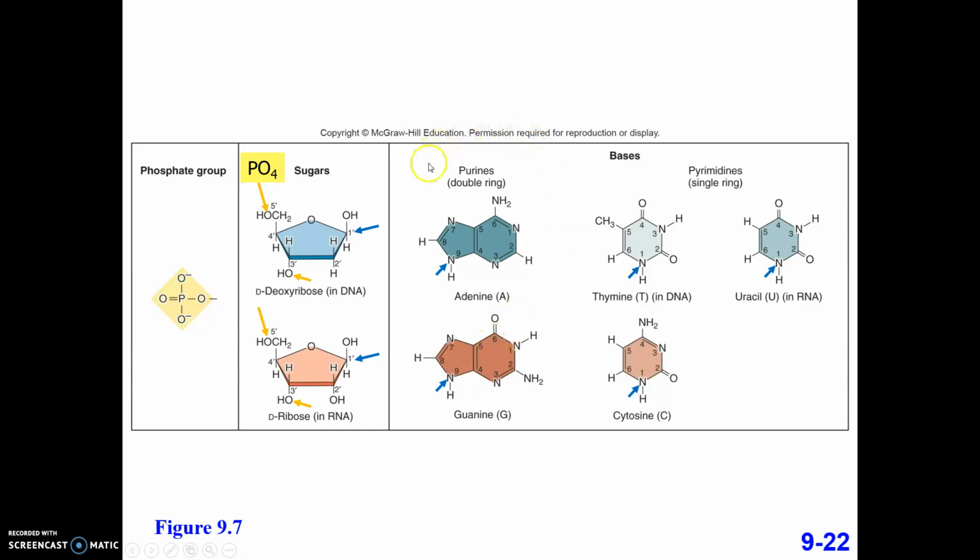Now, you should be able to deduce here that there are some that are bigger, have a 2-ring structure, and some that are smaller that have a single ring structure. Okay? The double ring structures we call purines, okay? And the single ring structures are called pyrimidines.